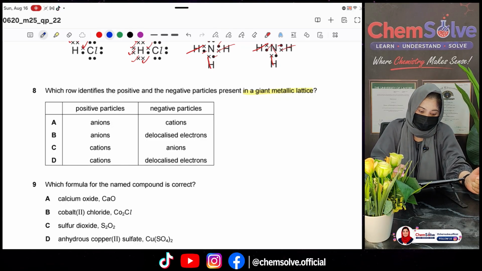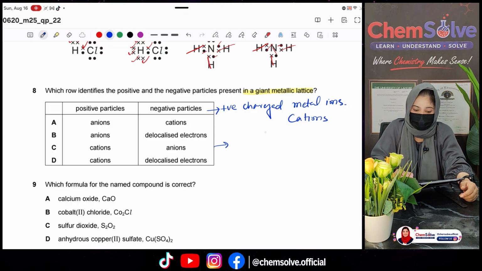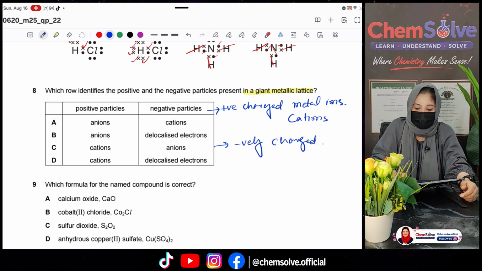So positively charged metal ions, which are called cations, and negatively charged electrons, right?